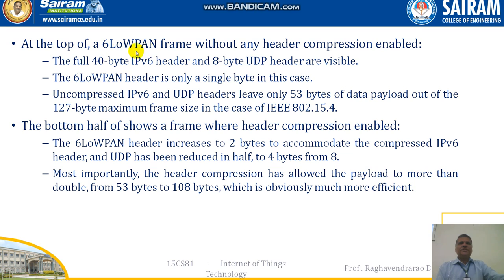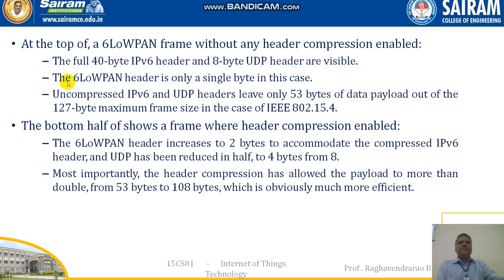At the top of the 6LoWPAN frame, without any header compression enabled, the full 40 bytes of the IPv6 header are used and the 8 bytes of the UDP header are visible. But in the compressed case, the bottom one, the 6LoWPAN header increases by 2 bytes to accommodate the compressed IPv6 header, and UDP is reduced by half, that is 4 bytes instead of 8.